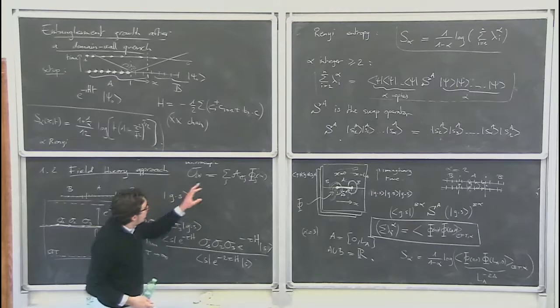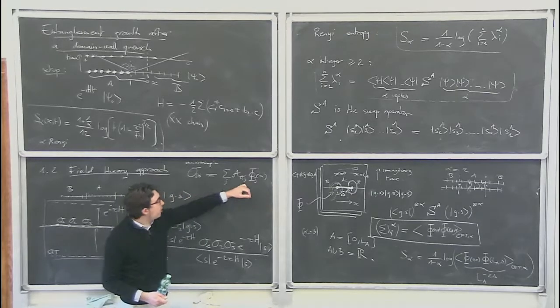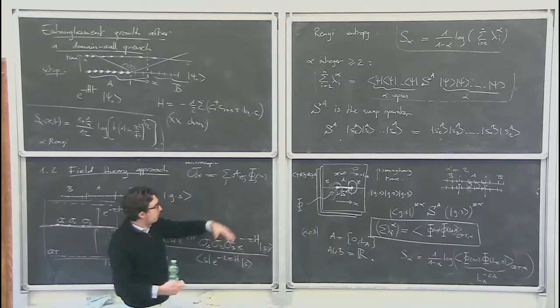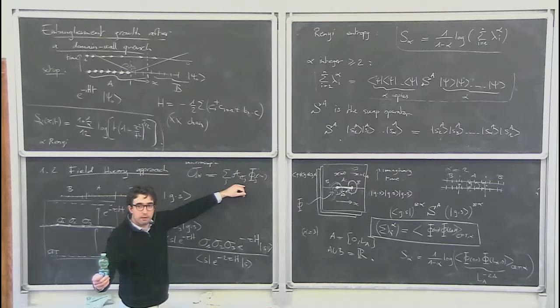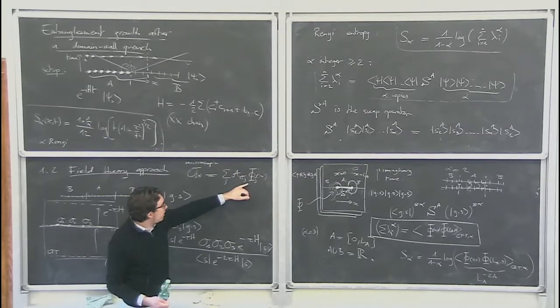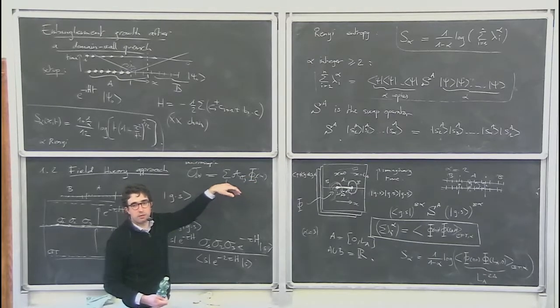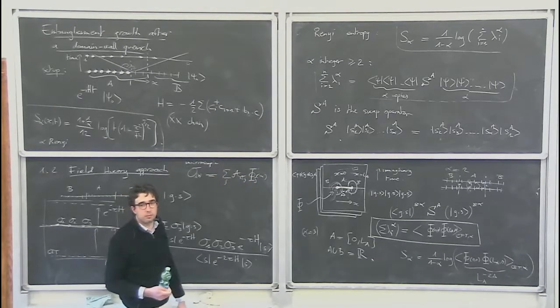And I can organize this sum from lower scaling dimension to larger scaling dimension. The lower scaling dimension is going to be the one that contributes most at large distances, and all the other ones are going to generate corrections, but they won't give me the leading asymptotic behavior.